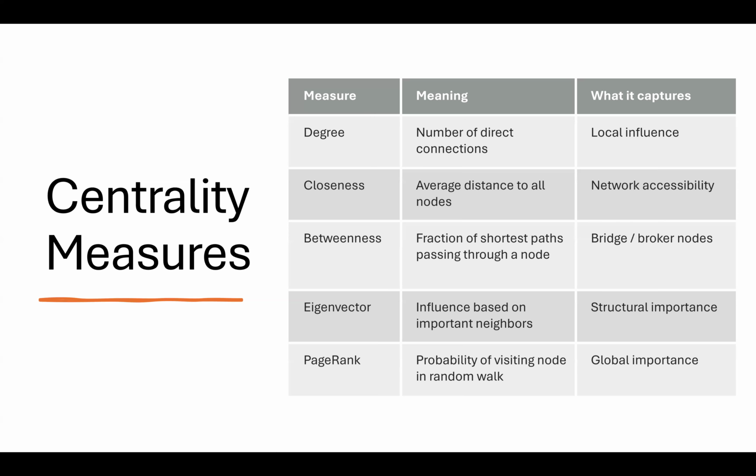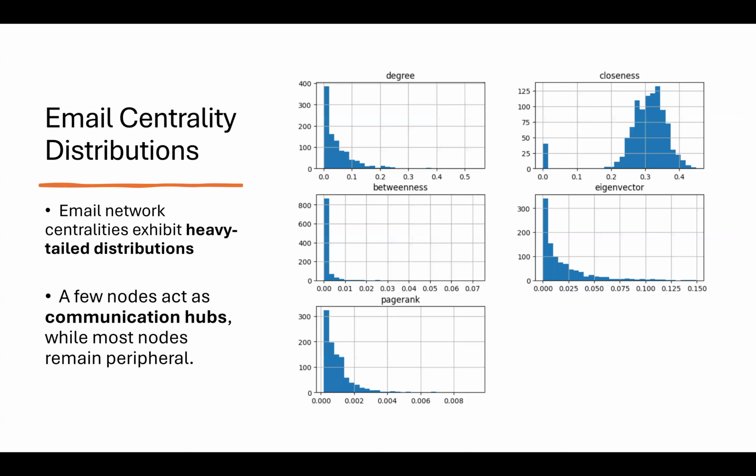And these measures capture different aspects of importance in a network. So degree measures local connectivity, closeness measures accessibility, and betweenness identifies the bridges, while eigenvector and PageRank capture global influence through connections to the important nodes.